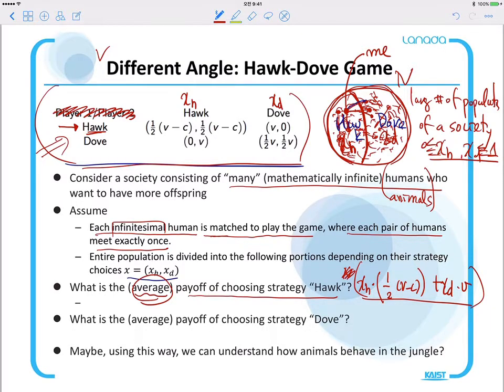What is the average payoff of choosing strategy dove? Well, when I choose dove, the average payoff would be the portion xh multiplied by 0 plus xd times 1 over 2.